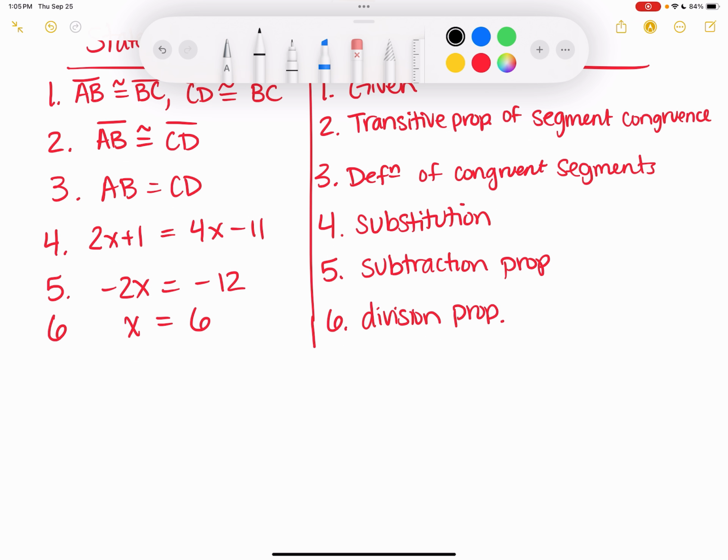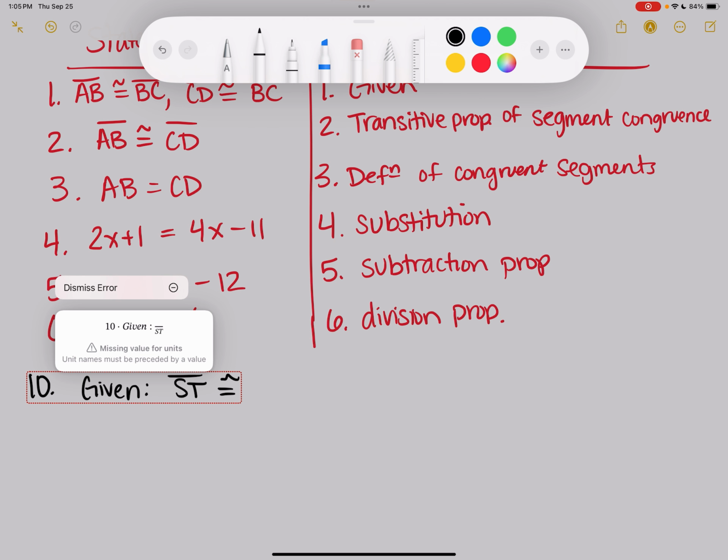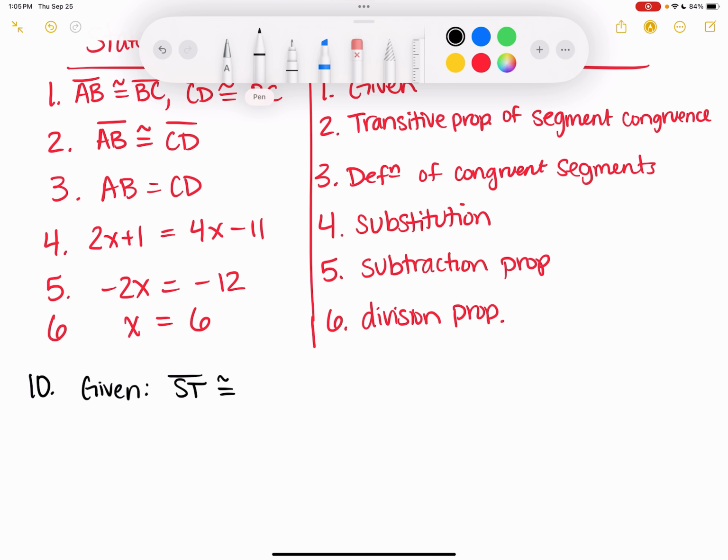All right, next problem. Same instructions. We are given that segment ST is congruent to segment SR, and that segment QR is congruent to segment SR. Now my picture for this one's a little bit different.